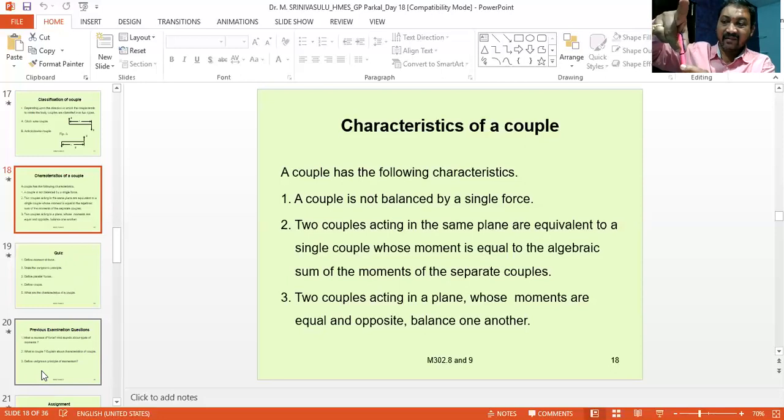Here these two are parallel forces, but acting in the opposite way. This force is acting in this direction and this one in this direction. So these are the two unlike parallel forces, and they are separated by some distance. So this is the amount of distance.